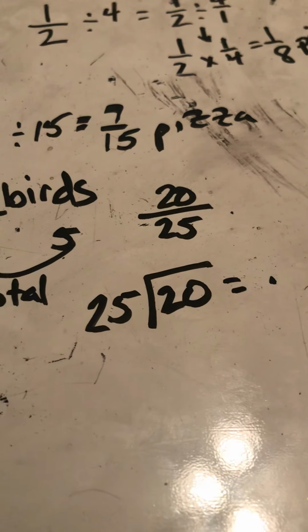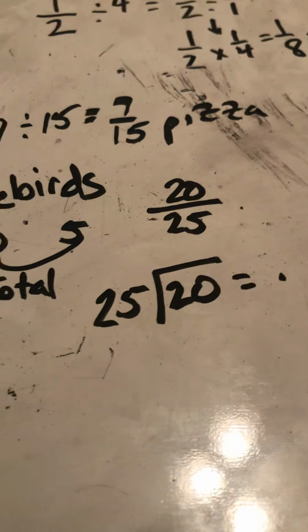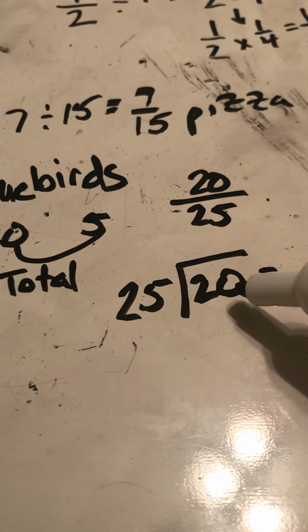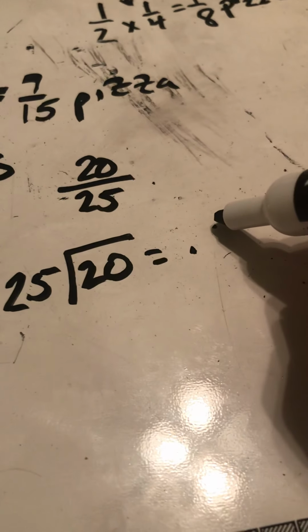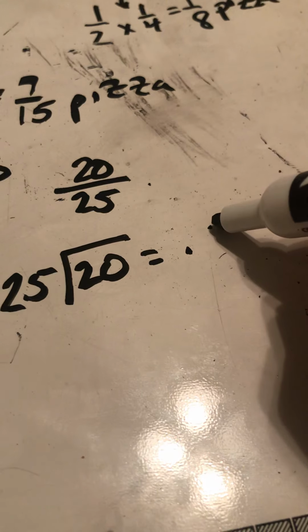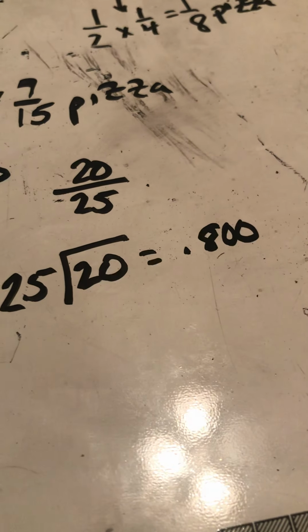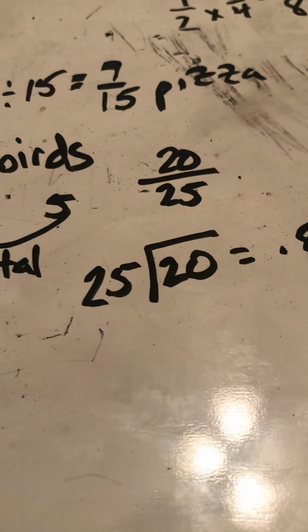It's that same idea of when we had more students than brownies. 25 is not going to go into 20 one whole time. So do it right now on your calculator so you can see if you're doing it correctly, and you should get this. You're going to do this for each of these teams on this page.